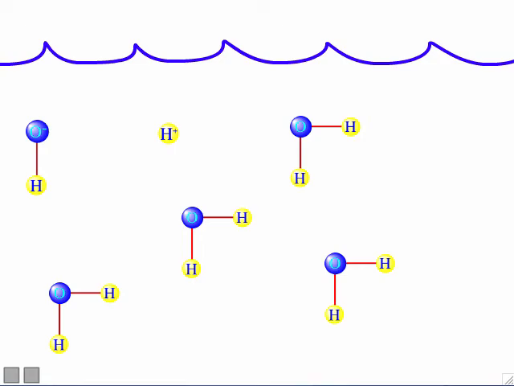It turns out that the concentration of hydrogen ions in a solution is very important. It can affect many things. Just to give one example, your blood has a certain hydrogen ion concentration in it.